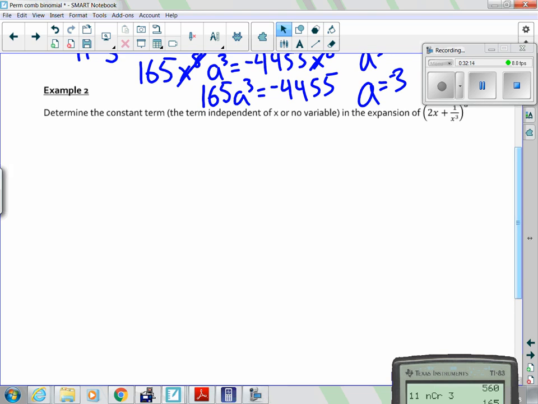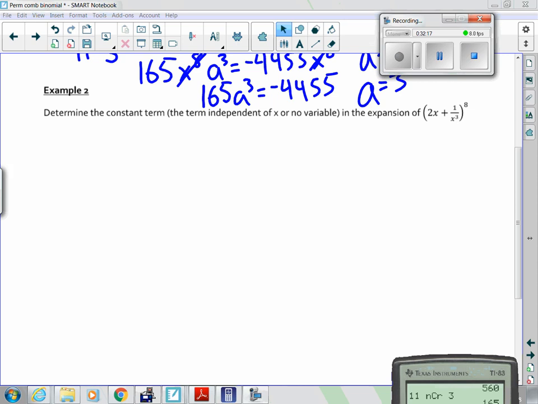Okay, last example. We're going to find the term independent of x. What the constant term, or the term independent of x, means is that the power I want on my x is x to the 0. That's my goal. I'm going to find the one that has x to the 0.